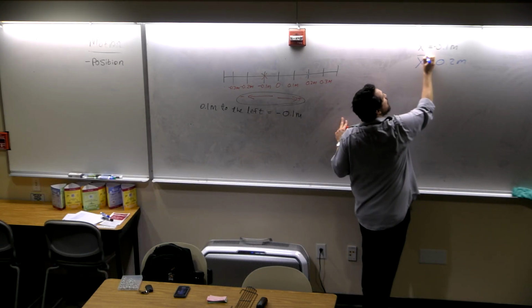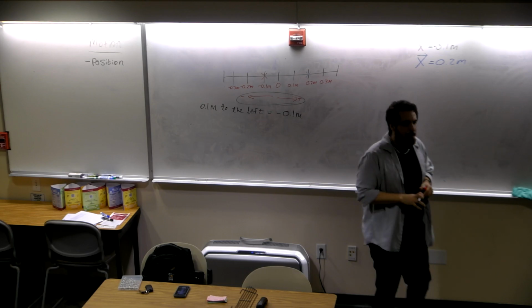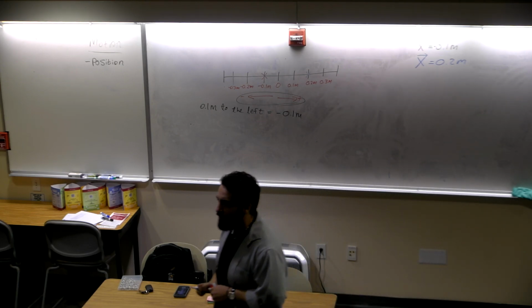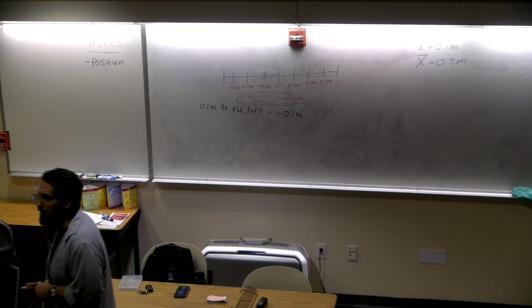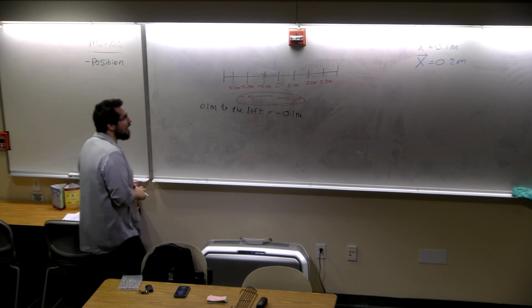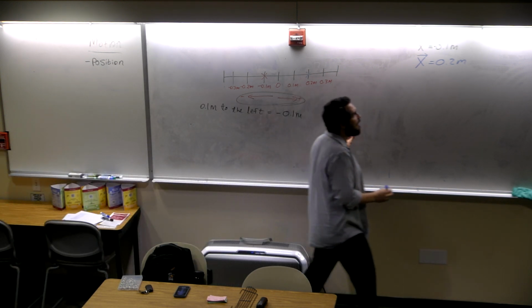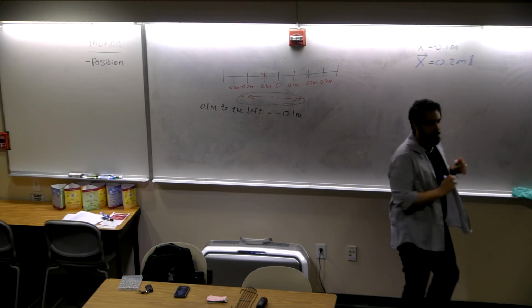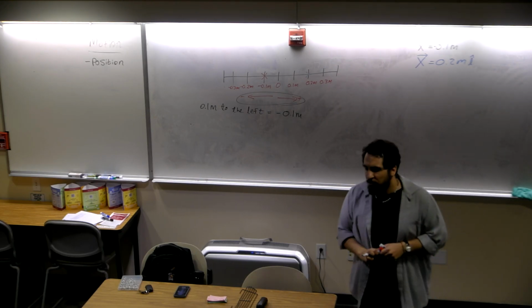This reads out as our vector position. The equal sign means it's described by, is quantified by. That's what the equal sign means. It means this is that value. It is equal to 0.2 meters, the magnitude.